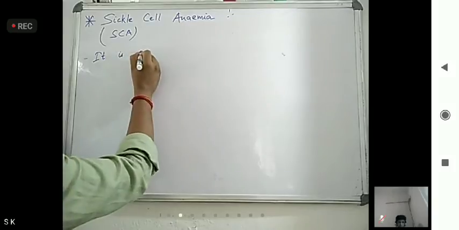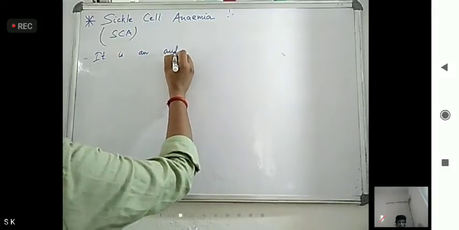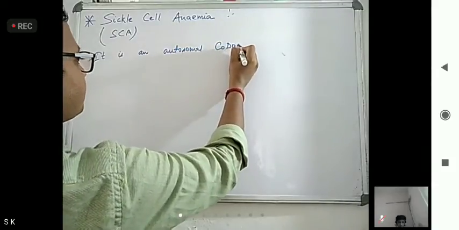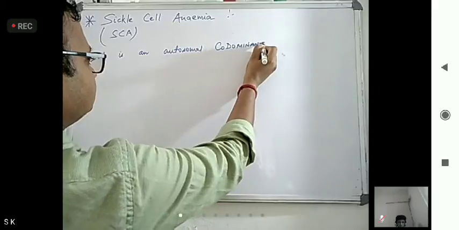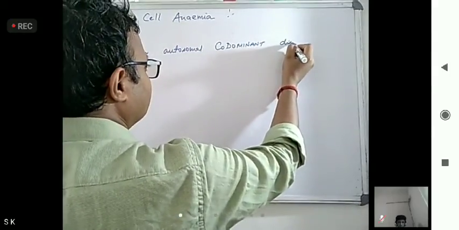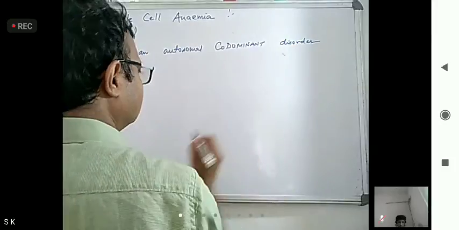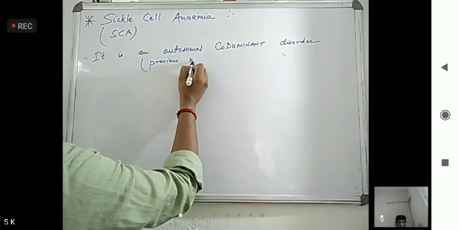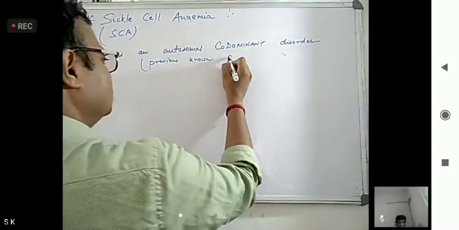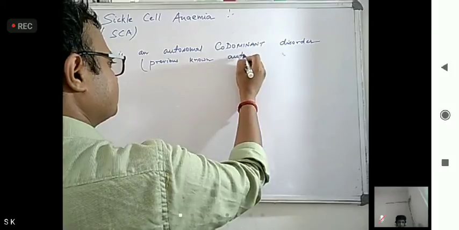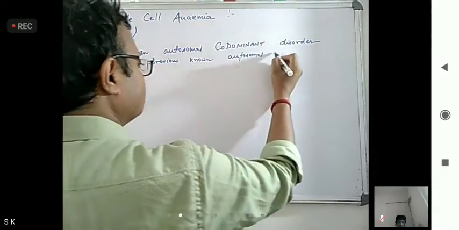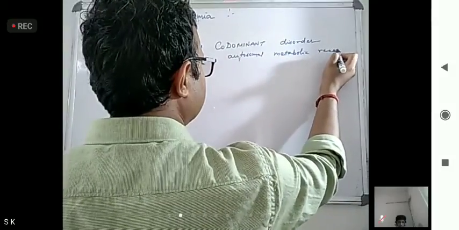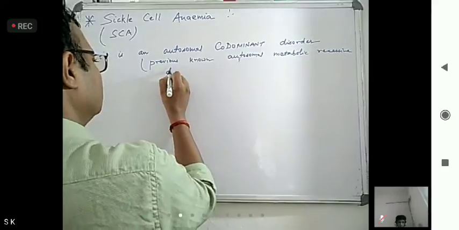It is an autosomal codominant disorder, and previously known as autosomal recessive metabolic disorder.